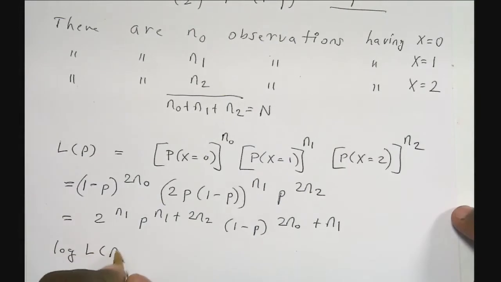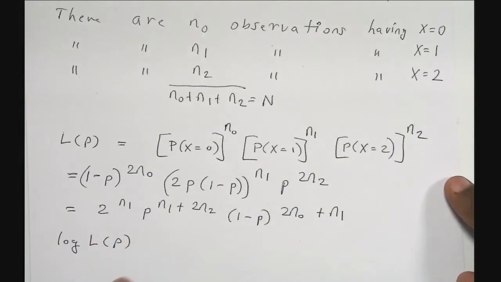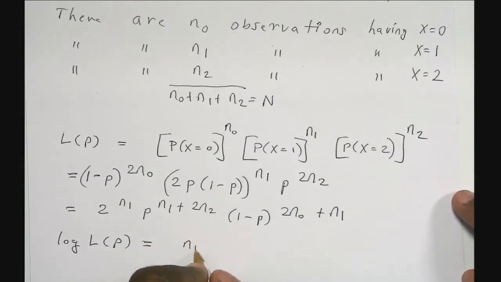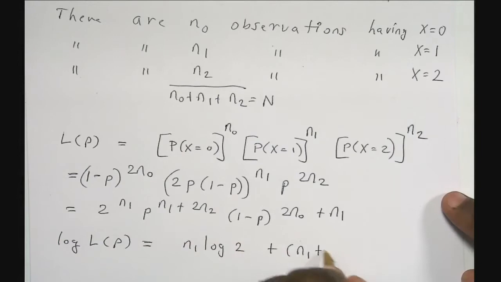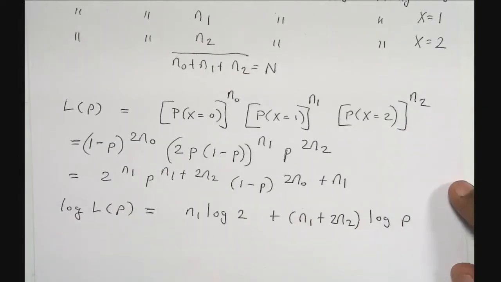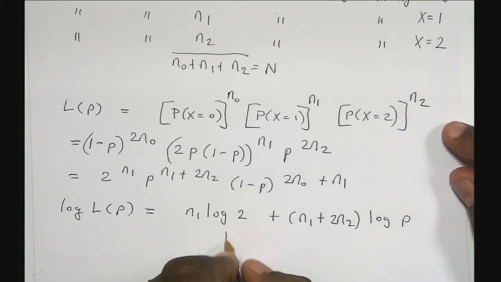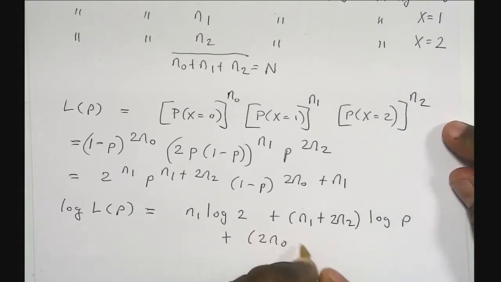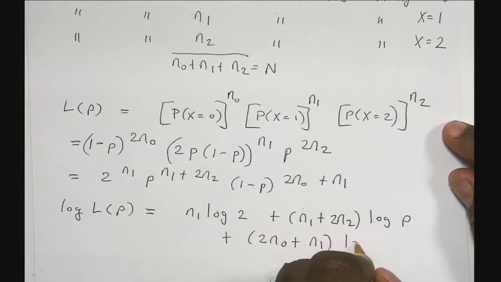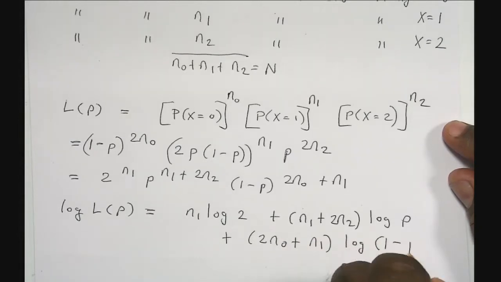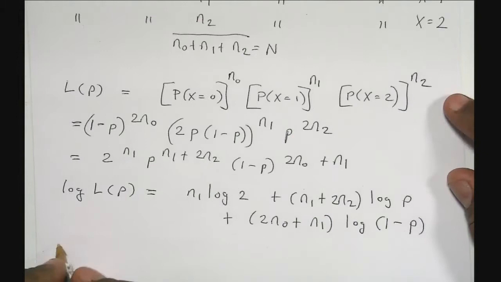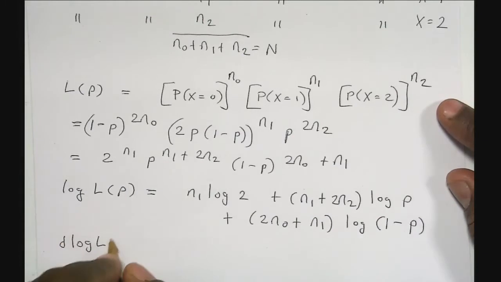All right. The next step is to find the log likelihood. This is the log likelihood, and the next step is to differentiate the log likelihood with respect to p.